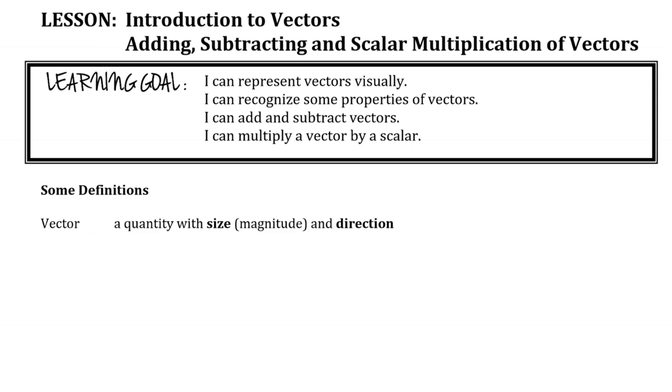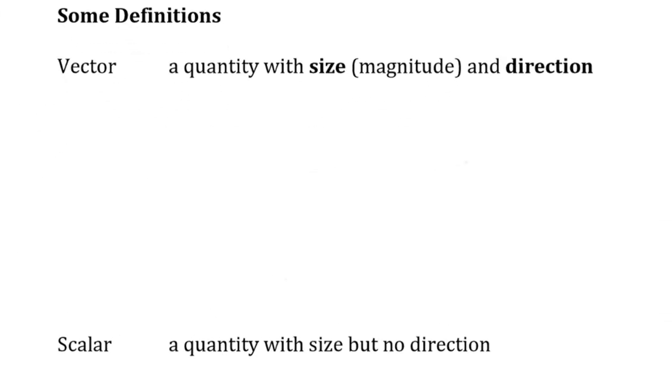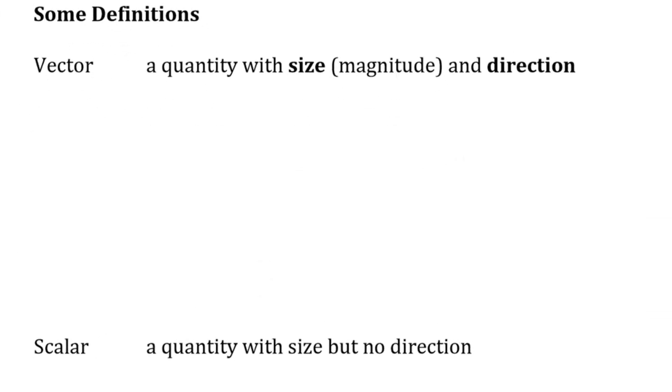So the first thing is, what is a vector? A vector is something that has both size and direction. Often when we talk about vectors, we refer to size as magnitude. So that's just another way of saying size. And this isn't entirely foreign to things that we've done before.